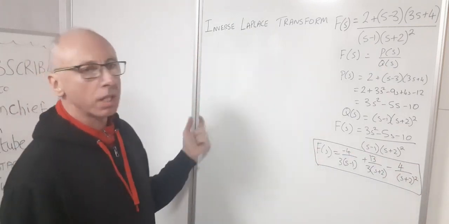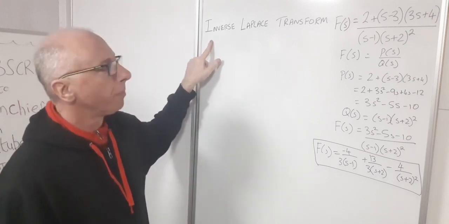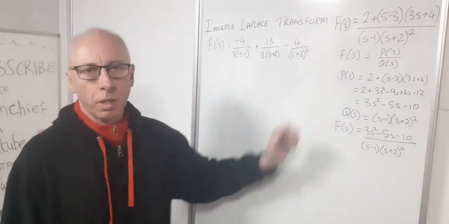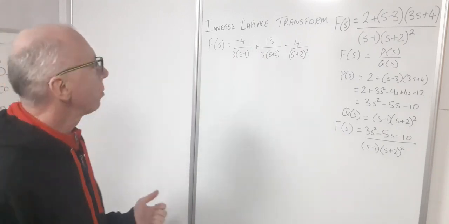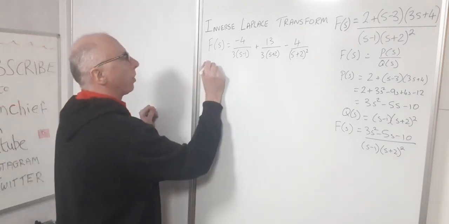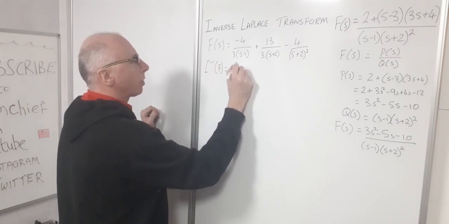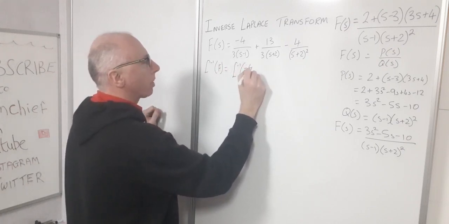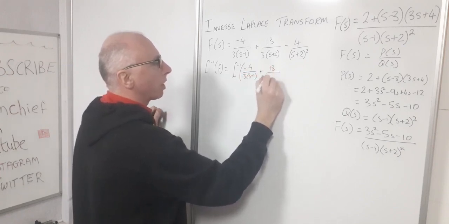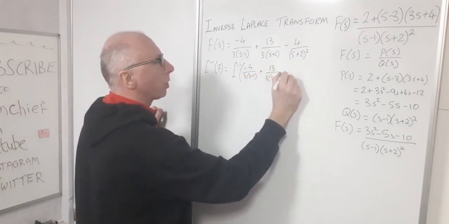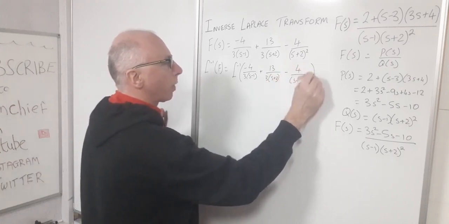So that's what we got for our partial fraction decomposition. Okay, so let's continue with this up the top here now, and let's try and find our inverse Laplace transform. So we've got our function up on the top now, and we're ready to go into finding our inverse Laplace transform. So what we're looking for is the inverse Laplace of F, which equals the inverse of -4 over 3(s - 1) plus 13 over 3(s + 2) minus 4 over (s + 2) squared.